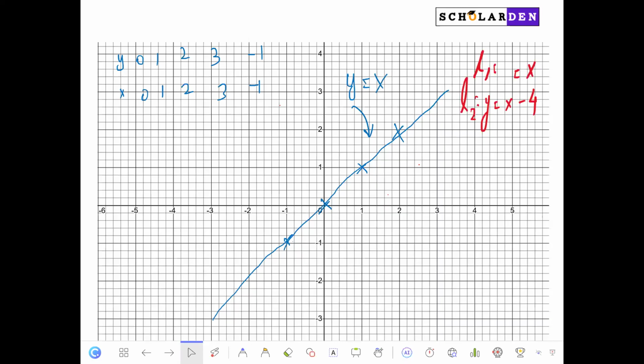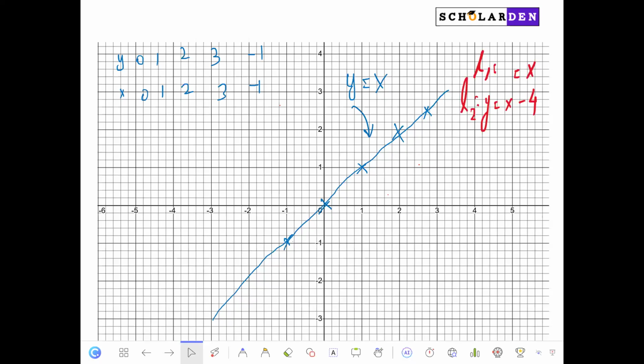And what is significant about this line is that if you take any point on this line, let's say over here, the value of the x coordinate and the y coordinate is always going to be the same. This is an important characteristic for y is equal to x, because this tells us that this line, again, as I said earlier, is a locus or a collection of points.